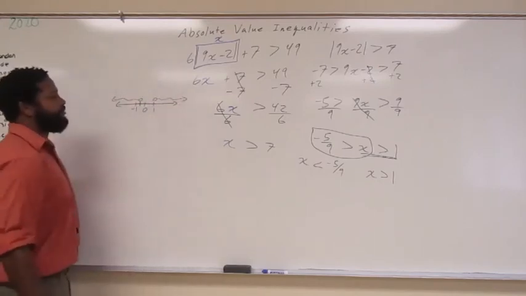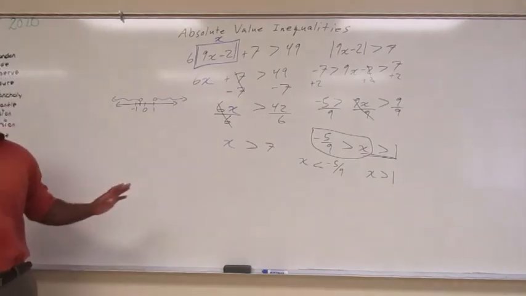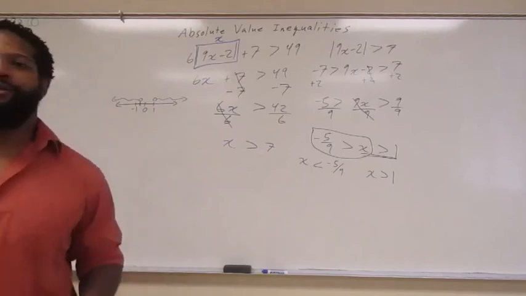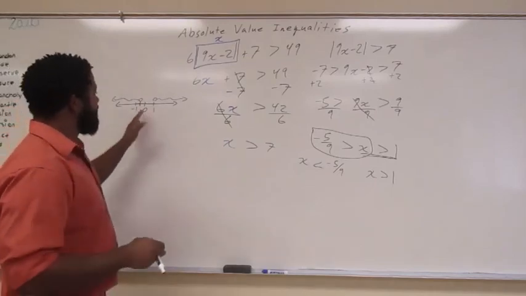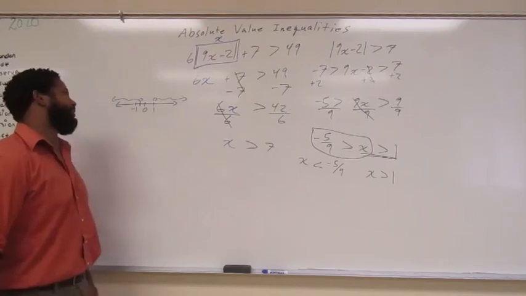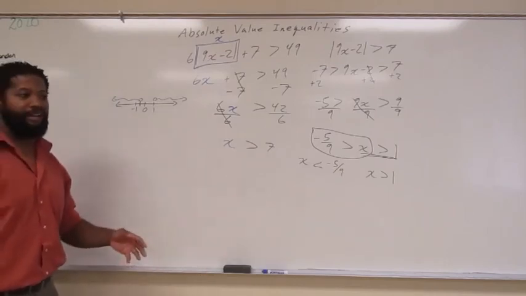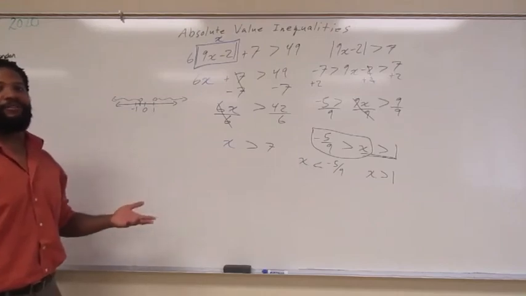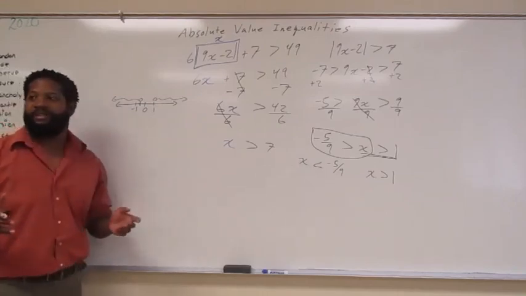I'm not about to sit here and bite y'all's heads off when it comes to graphing this, to where it has to be spot on perfect. Even if you had 9 over 5, that's clearly anywhere in between the 1 and the 2.